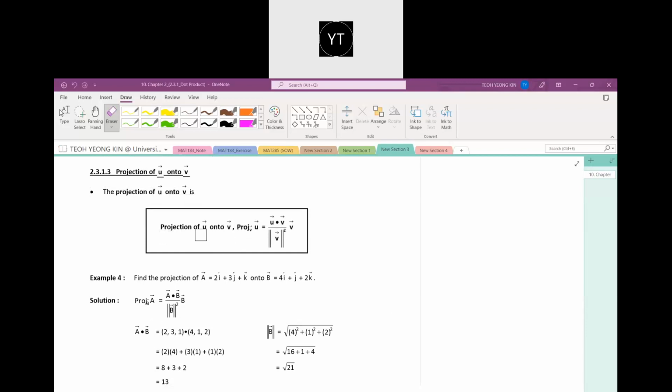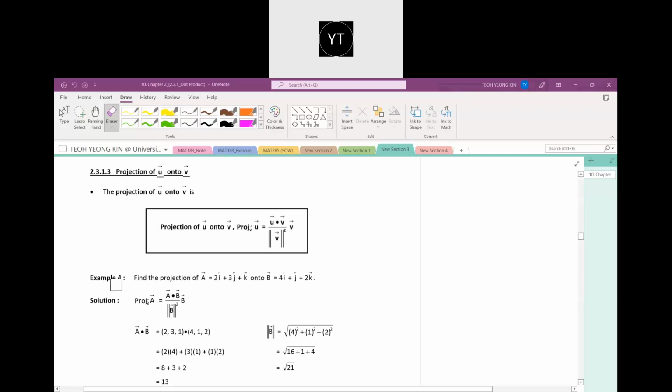We can write it in the form of projection of vector u onto v, which equals the dot product of vector u and vector v divided by the magnitude of vector v squared. Don't forget to put the square here. And then this value we multiply with the vector v.